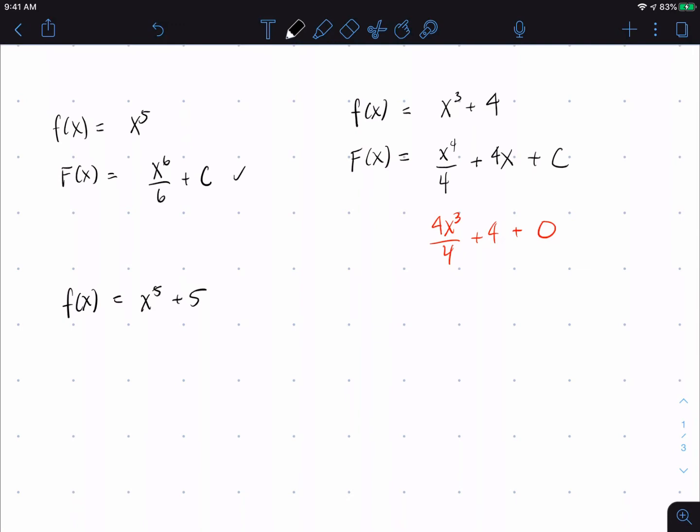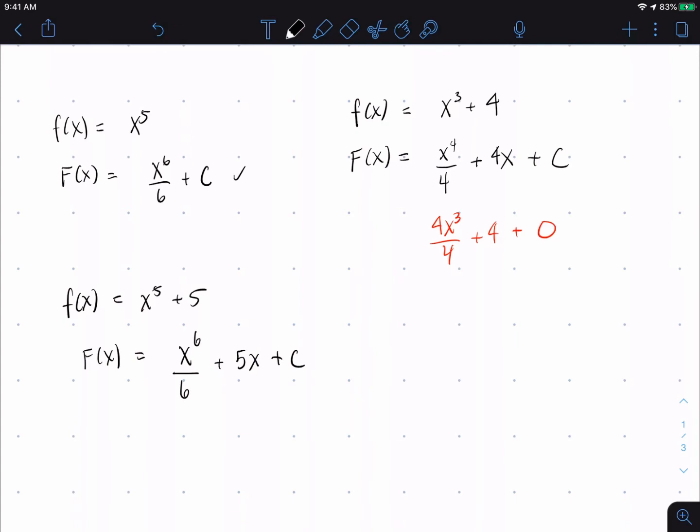Okay, a couple people got it. All right, it's looking like you have it. So we can see from the example, my antiderivative is going to be x, add a power, divide by that power, 5x plus c.